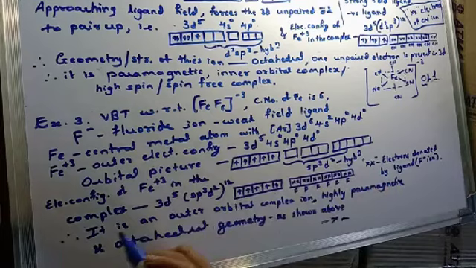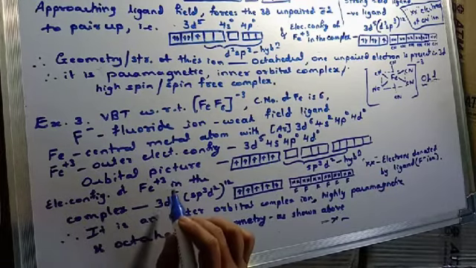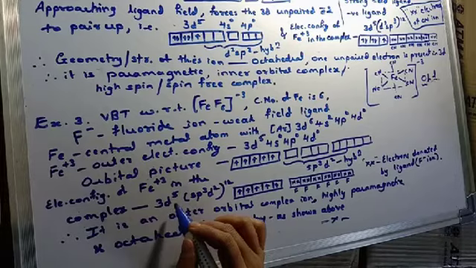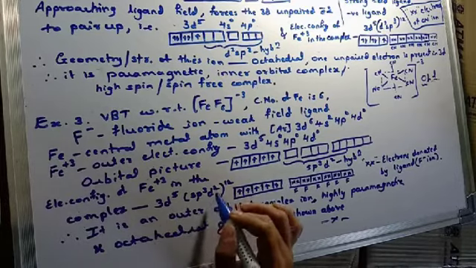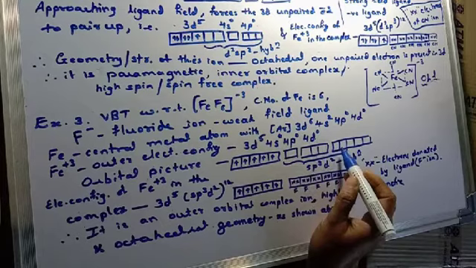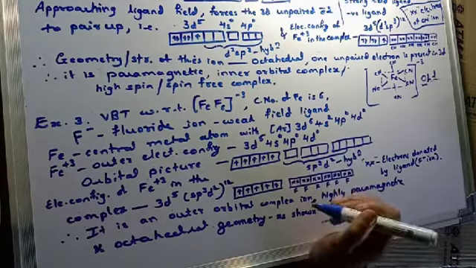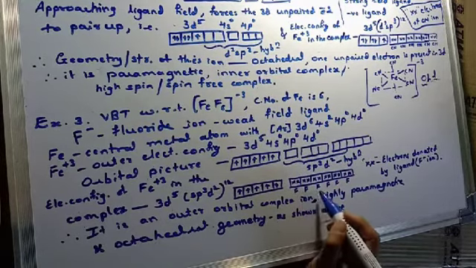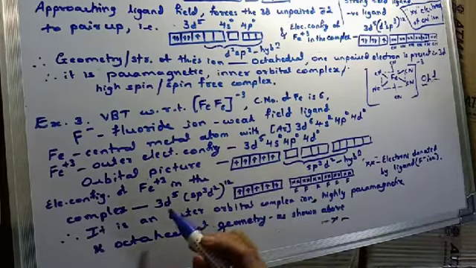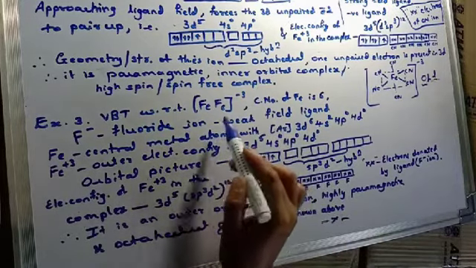Now the electronic configuration of Fe3+ after the formation of the complex is 3d5 sp3d2 raised to 12, because these empty hybrid orbitals overlap with the filled sigma orbitals of fluoride ions, and this results in the formation of this complex.